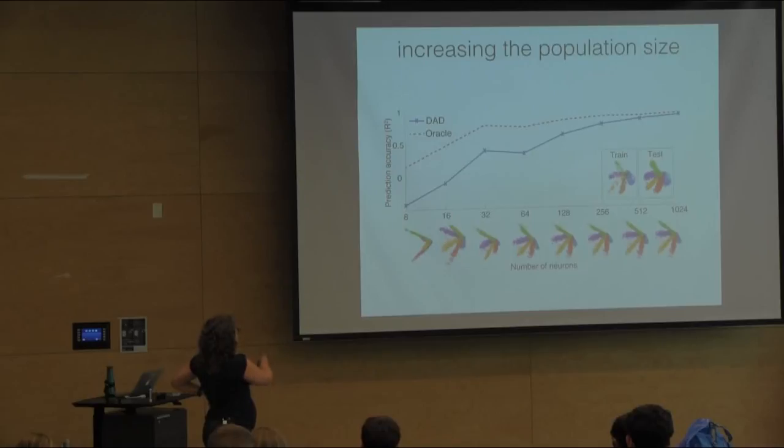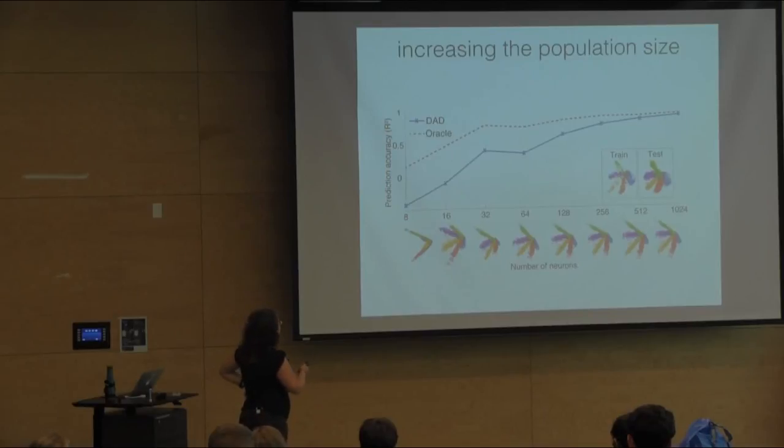Okay, so this is showing, for a synthetic example, if we increase the number of neurons that we're recording from, how does the performance of DAD compare to this oracle, which is this linear upper bound?